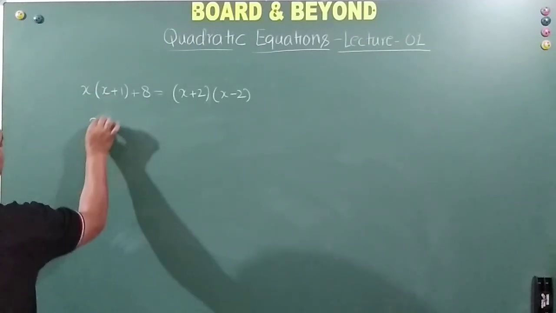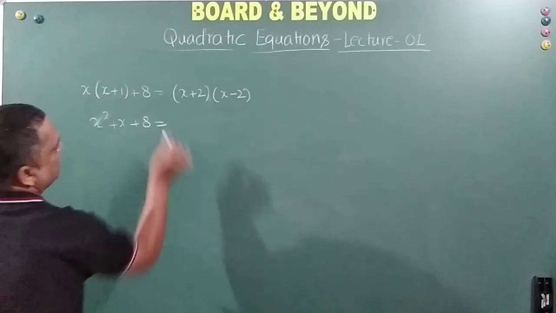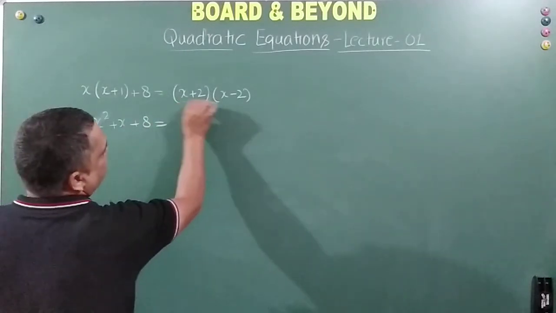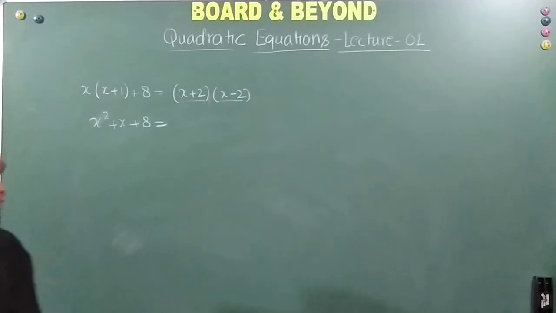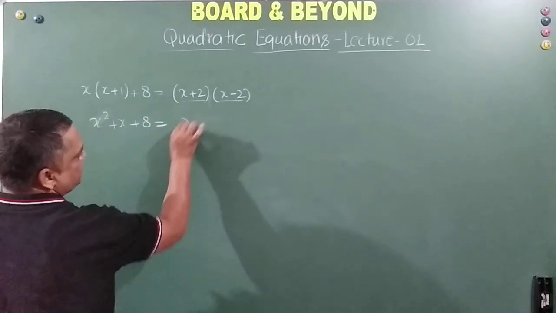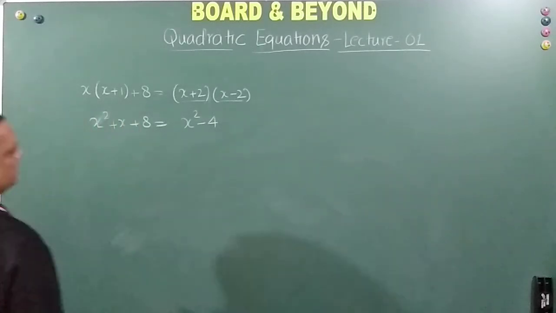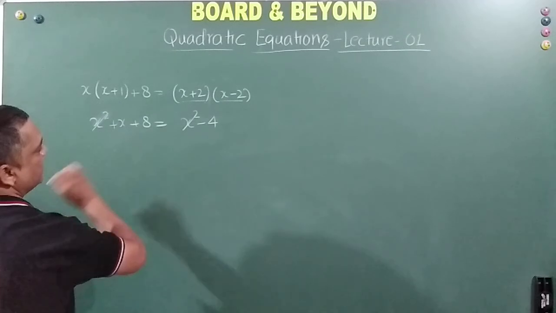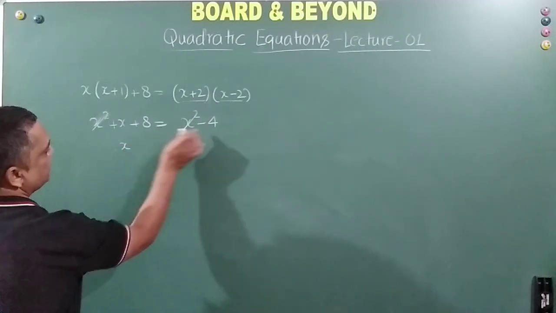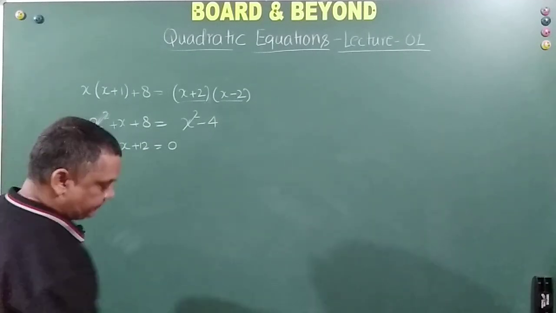Let me write slightly bigger. x square plus 2x plus 1 plus 8 is equal to, this is of the form (a plus b) into (a minus b), my friends, right? Do you all agree to it? So this becomes x square minus 4, a square minus b square. Now when we bring this side, x square and x square get cancelled. So this becomes 2x plus 9 plus 4 is equal to 0, that is 2x plus 13... after transposing the terms, x plus 12 is equal to 0.